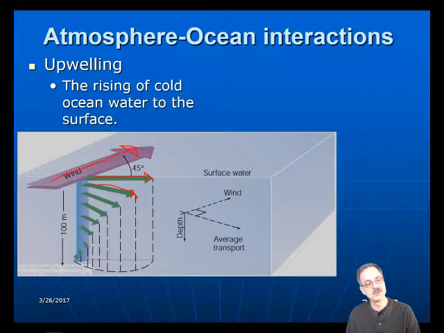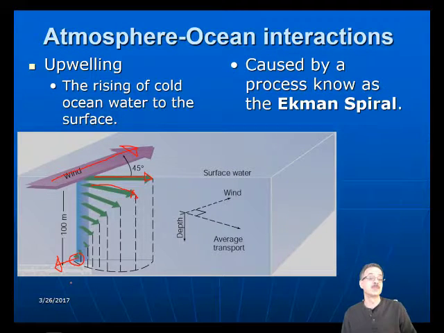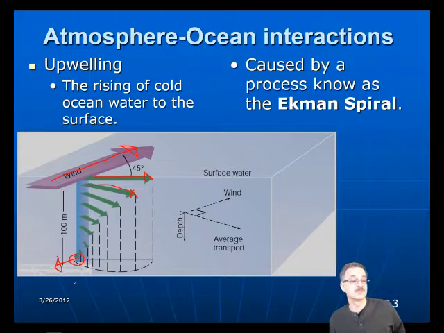It's still being deflected until down here we're on the bottom, and now the deflection is in the exact opposite direction of the wind. Okay? And so this process is known as the Ekman spiral.